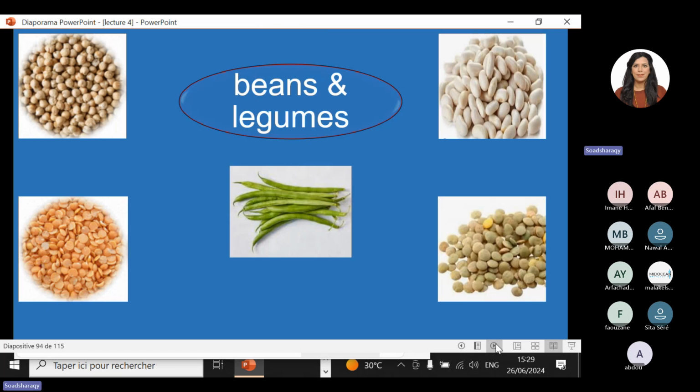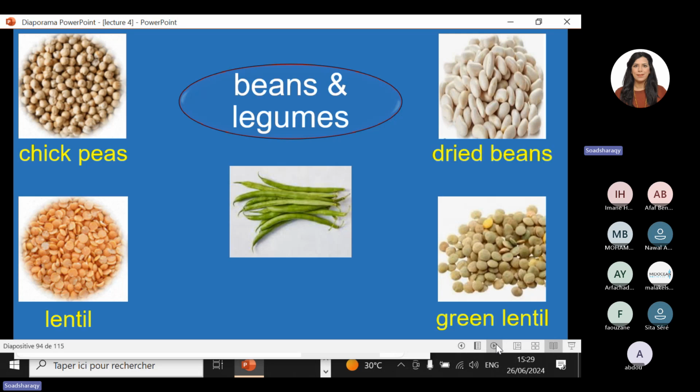Examples of beans here, for example, chickpeas, okay, lentil, dried beans, green lentil, green beans.